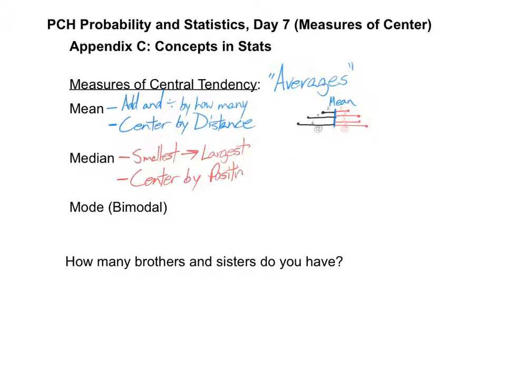And you also realize that if you have an even number of items, it may not be an actual score. You want the center by position, but if you have an even number, you're going to have to go between those two middle ones.